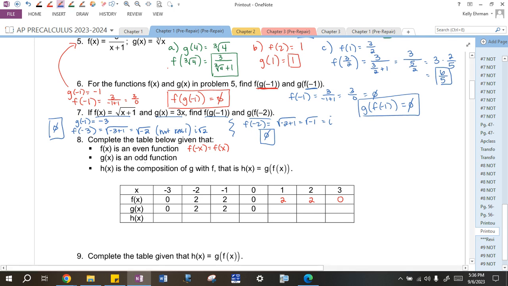g of x is an odd function, so that means that g of negative x should equal negative g of x. Okay, so here's what that means. I've got it kind of switched around.